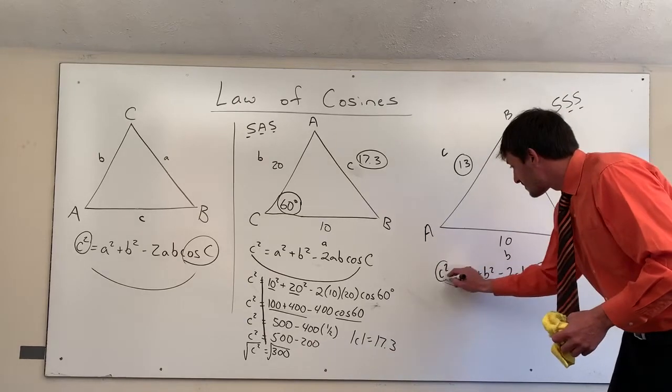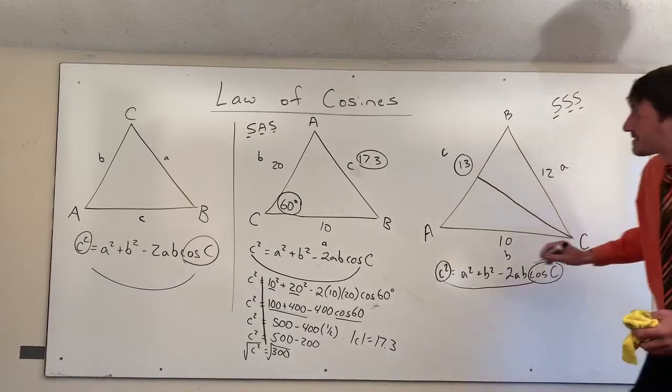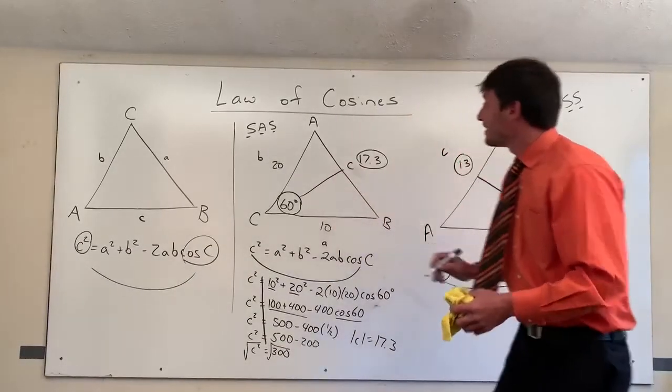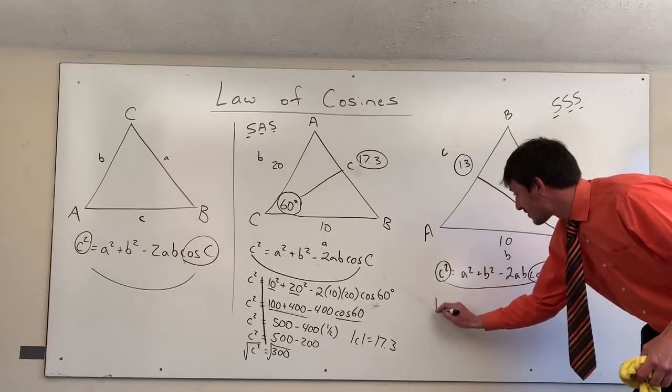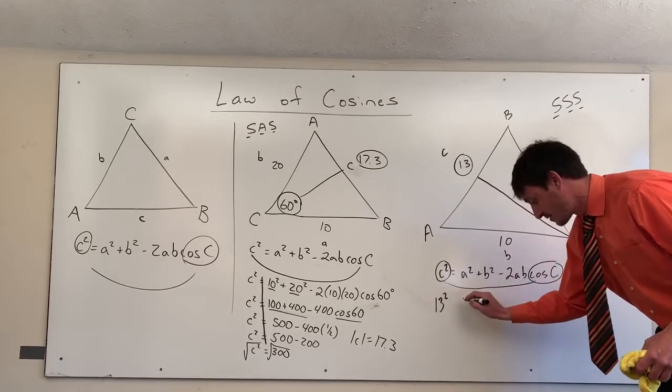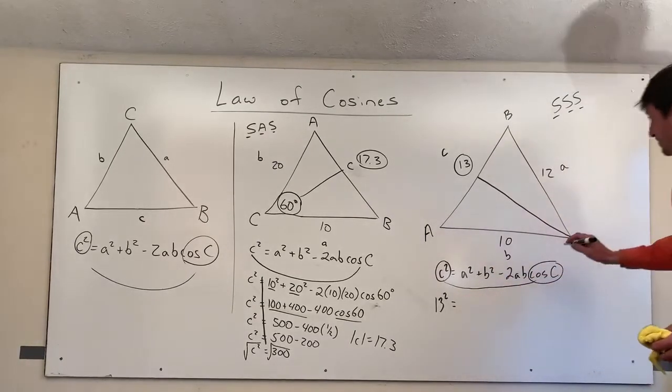The opposites. Okay, and what do we know? So let's go ahead and draw the line between the opposites. Maybe it would have helped if I had drawn that line here. But we know side length C, and so we're going to say that 13 squared is equal to, and what do we have?